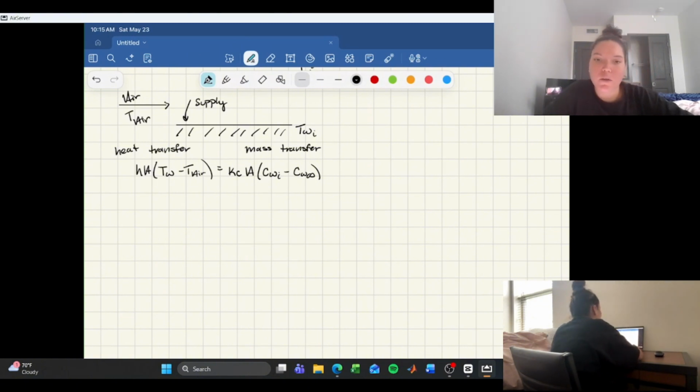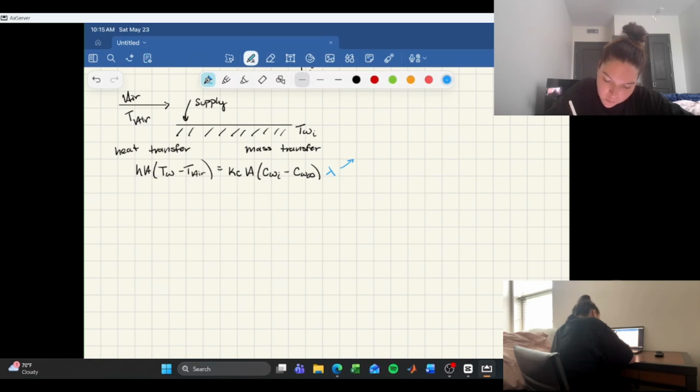And then this is going to be multiplied by lambda, which is going to be the enthalpy of vaporization.